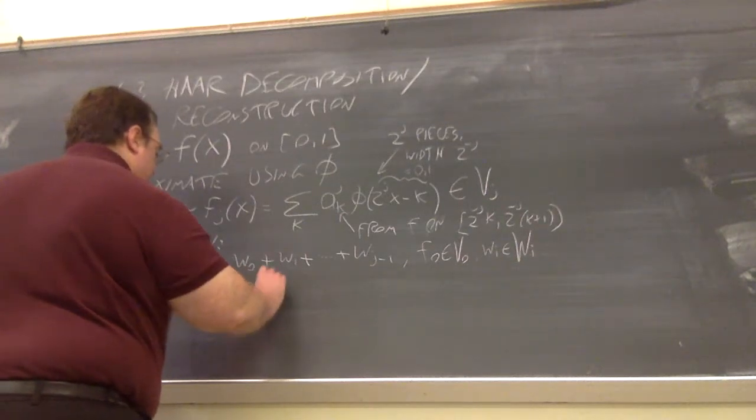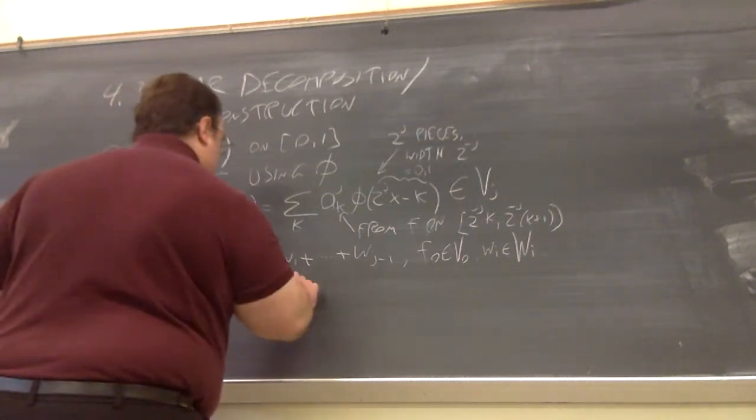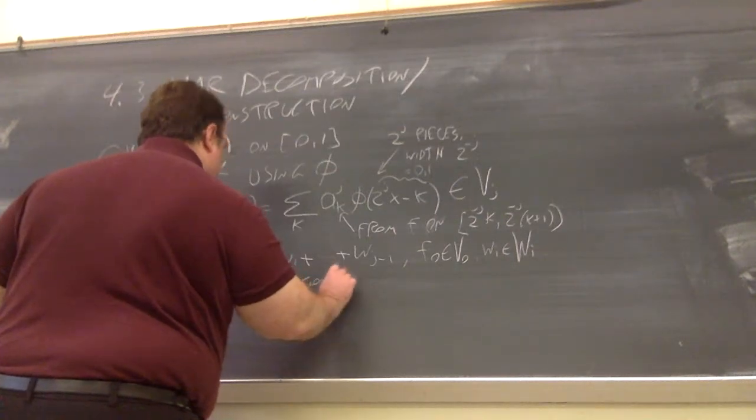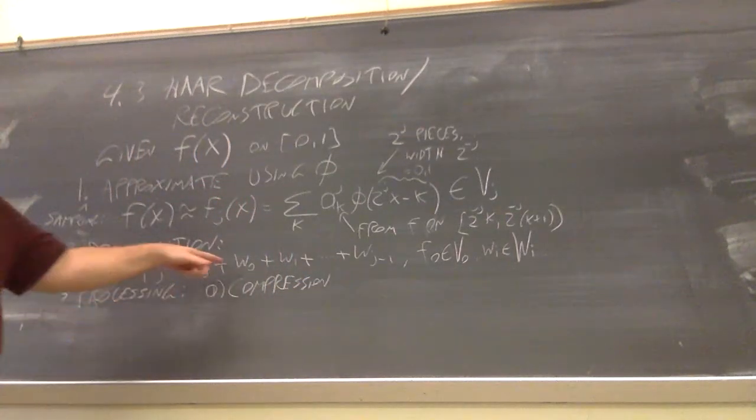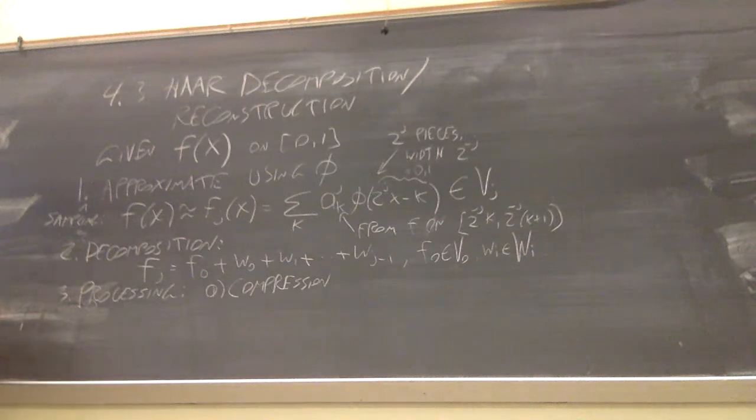Compression. Now, each one of these w's are linear combinations of Haar wavelets at a certain scale. So each one of these will generally have multiple terms.